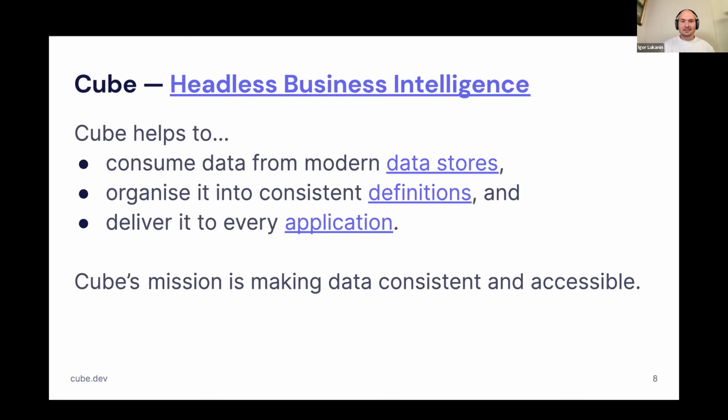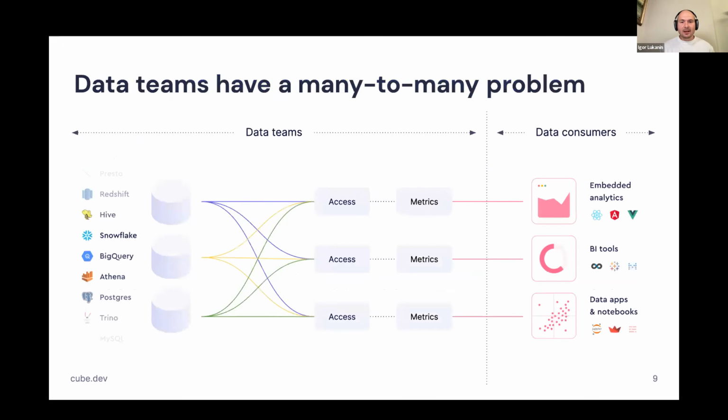So it doesn't care about the way the data would be visualized or represented in the BI tool, in the data notebook, or on the front-end app with embedded analytics, but it makes sure that the data would be consumed, fetched, read from the data store, that the data would be organized into consistent metrics definitions in the data model, and then that data would be delivered to every data consuming application, whatever that application is, and that obviously includes BI tools like Superset. So that's what Cube does.